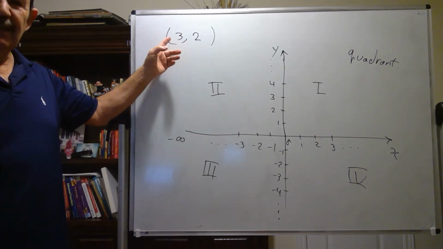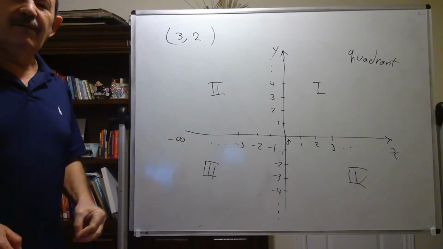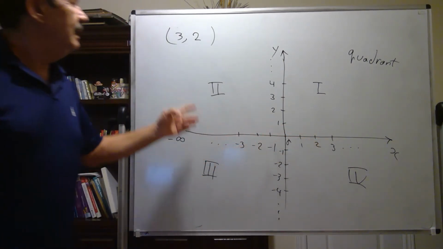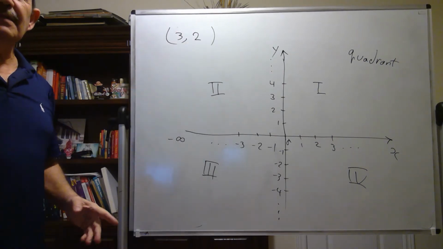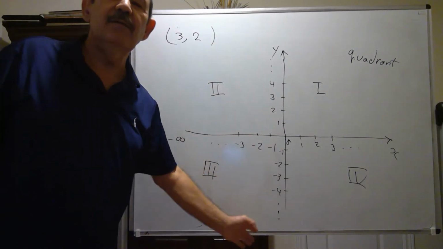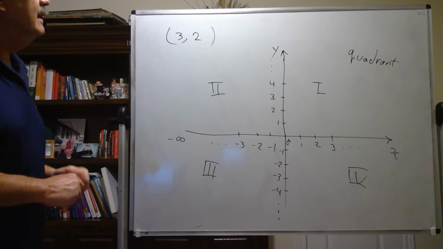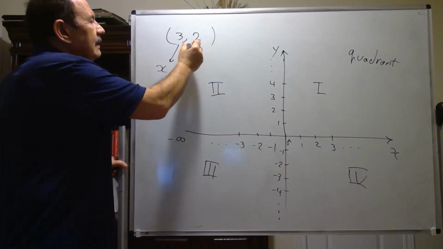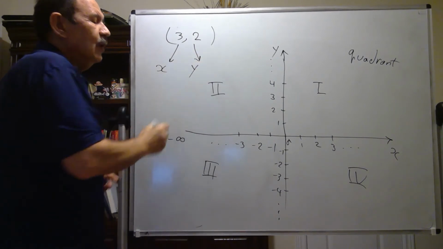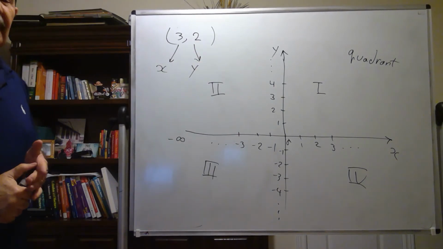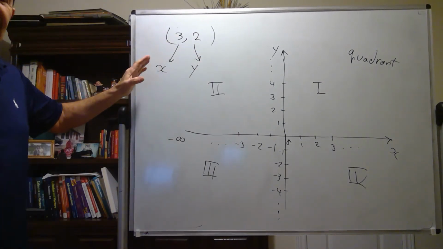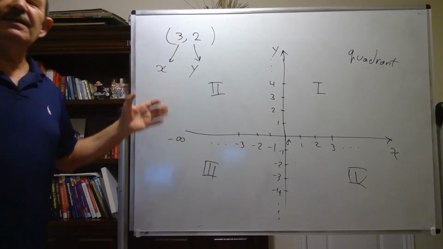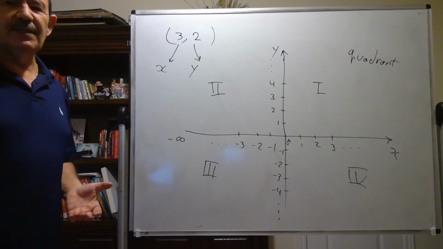The first number is always the value on the x-axis, and the second number is always the value on the y-axis. The first coordinate is x, the second coordinate is y, always, and the order is important. If we change the order, the location of the point is going to change.